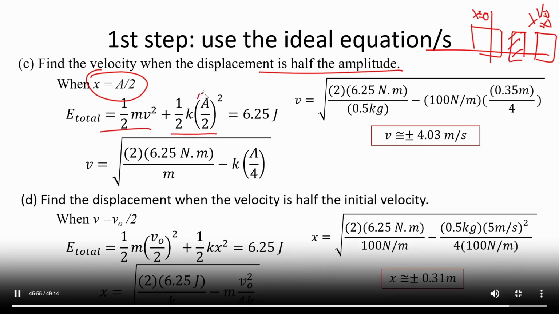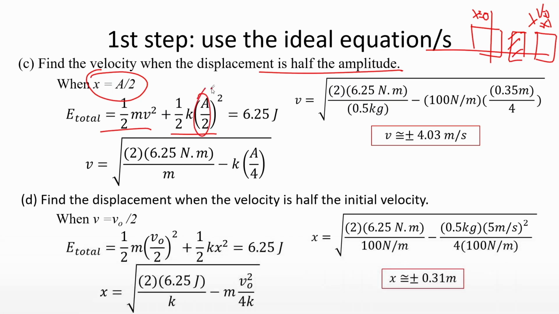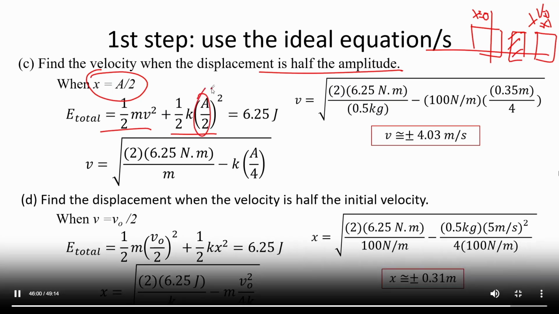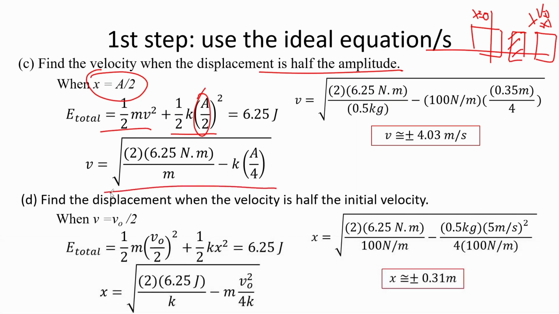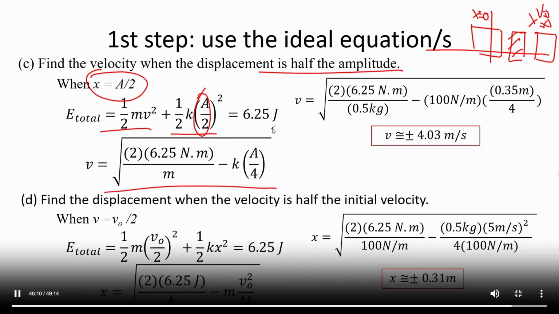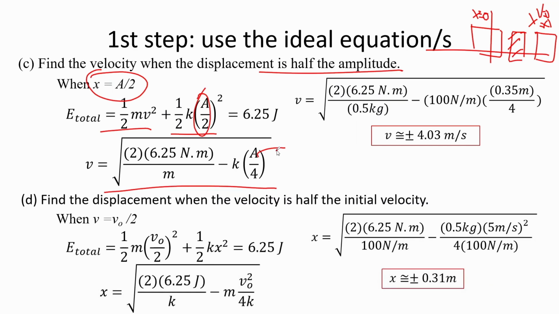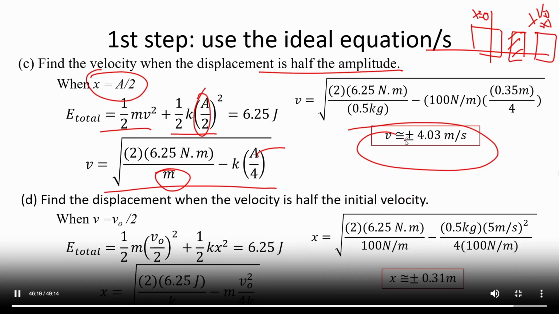So we simply substitute A over 2 here. Solving the expression for v, and substituting the maximum amplitude A and the mass, gives you a velocity of plus or minus 4.03 meters per second.